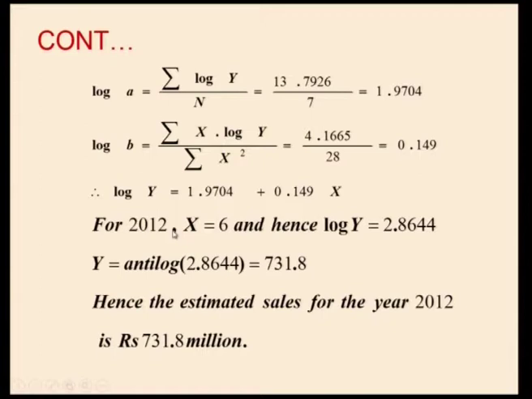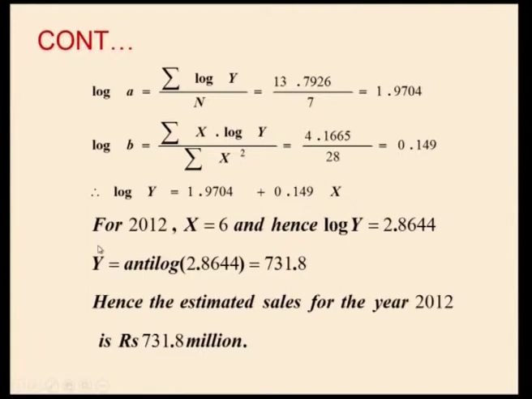And for 2012, the corresponding x value will be 6. Hence, your log y, you substitute in this, 1.9704 plus 0.149 into 6, that is 2.8644. Now, if you take anti-log of this, that is going to give you the corresponding y value.